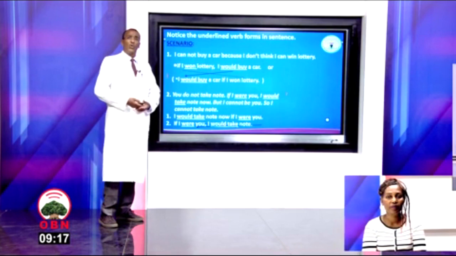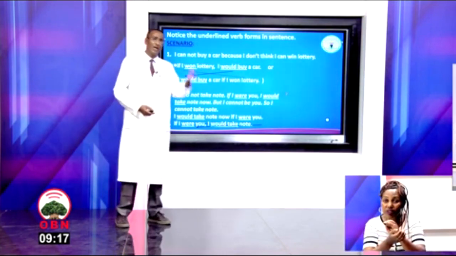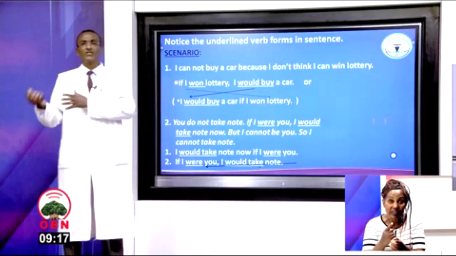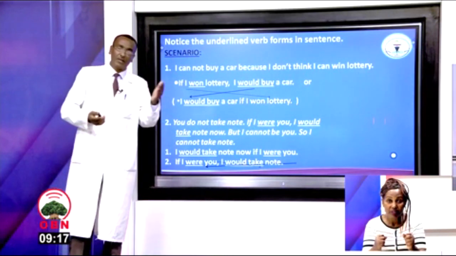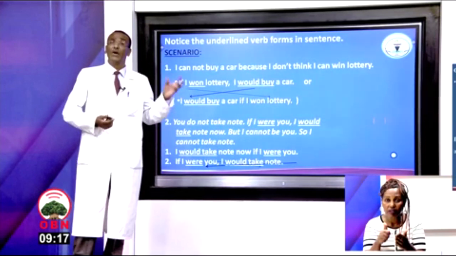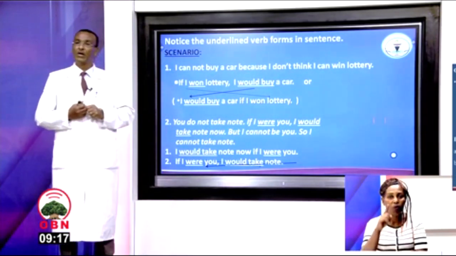Do you know conditions or situations that can be real, true, or possible? Do you also know conditions that are not possible, that are not real? Today we talk about one of the 3 conditional sentence types.